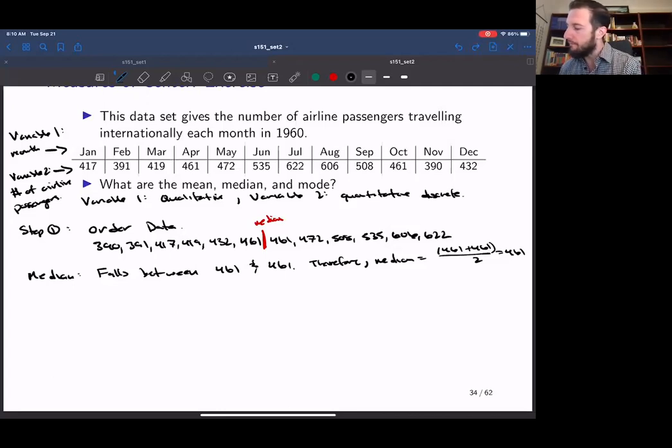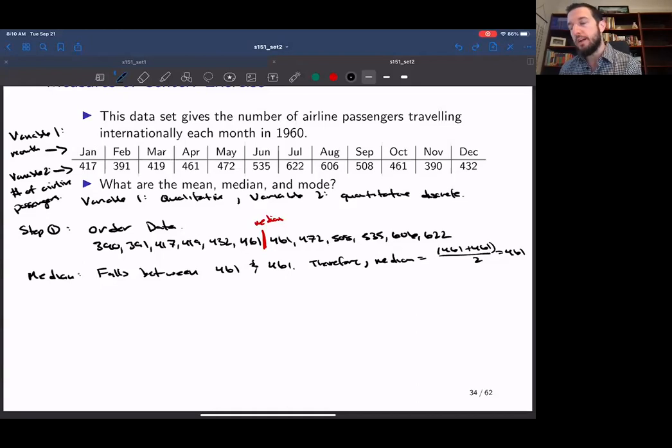In the exercise on slide 34, we have a data set that has two variables. The month of the year, so this would be qualitative data, and the number of airline passengers that traveled in each month. And this would be a quantitative discrete variable in its appearance in the exercise.